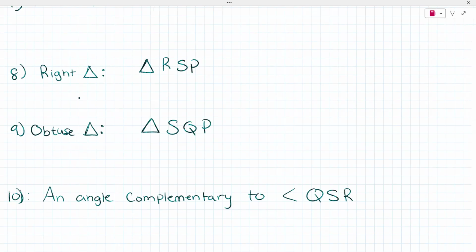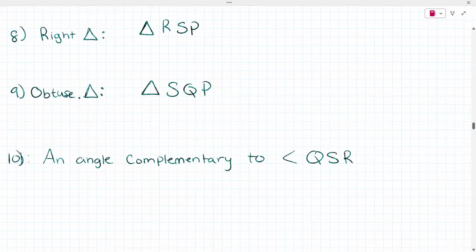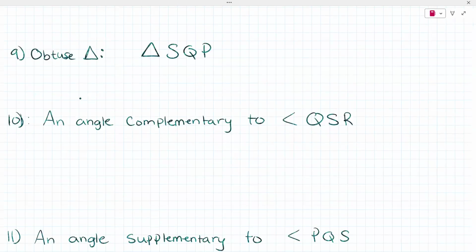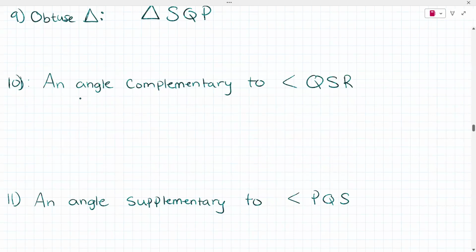Okay, number 10, an angle complementary to angle QSR. So complementary means equal to 90, right? So an angle complementary to angle QSR would be angle QSR plus X equals 90.